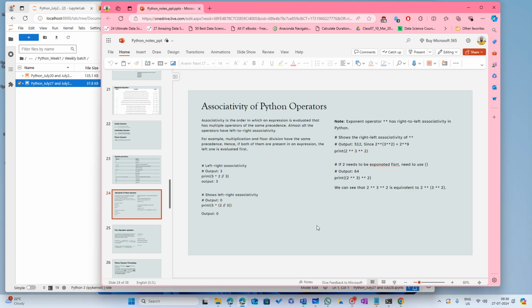Okay, associativity means the order in which expressions are evaluated. There is nothing much to it.